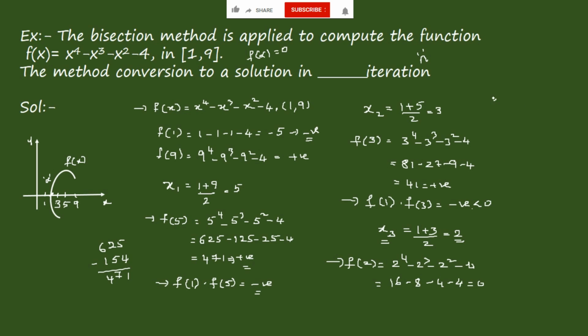So we got f(2) equal to 0. So alpha is equal to 2, the root of the function is 2. The number of iterations required is 3, since at x3 we got the solution. So the number of iterations is 3. The answer is 3.